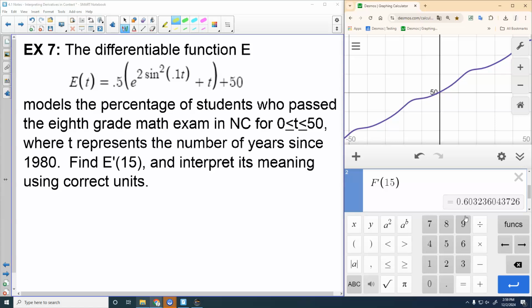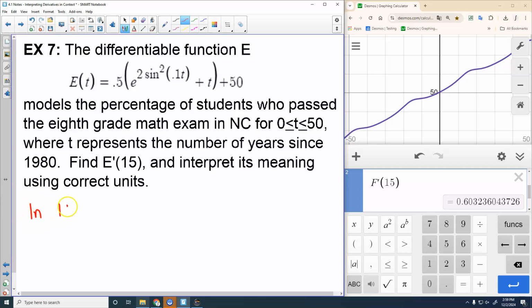So in context of this problem, at 15, what am I going to say? I probably shouldn't say at 15 years, because what does t represent? Years since 1980. So what year is it? 1995.